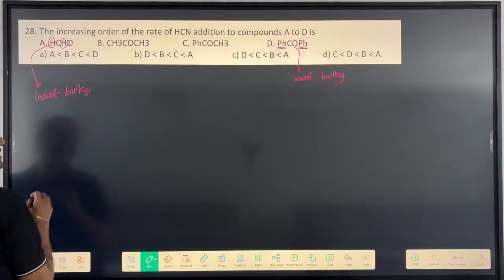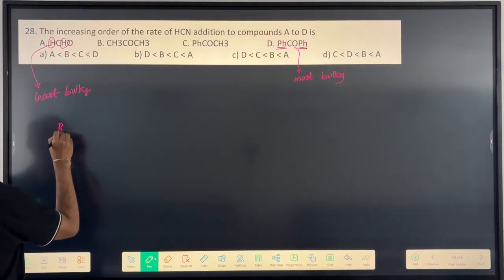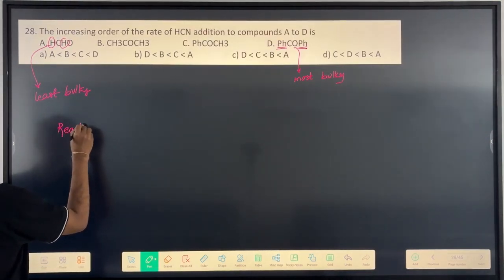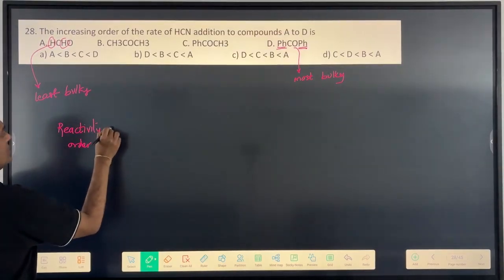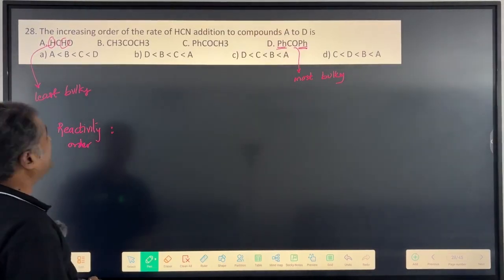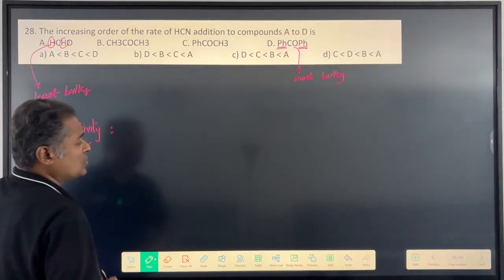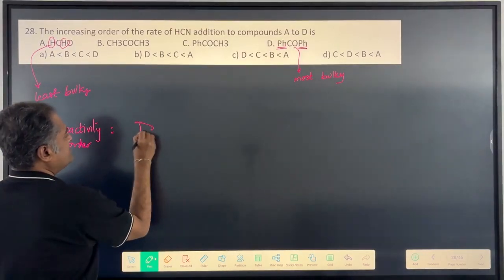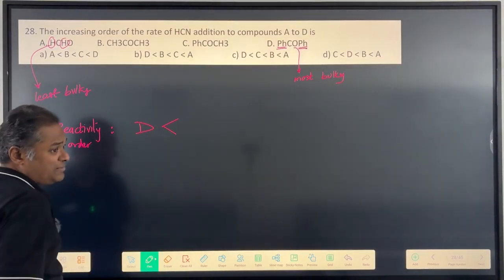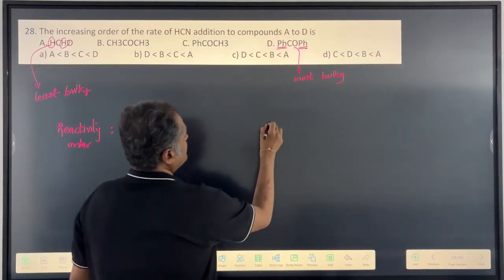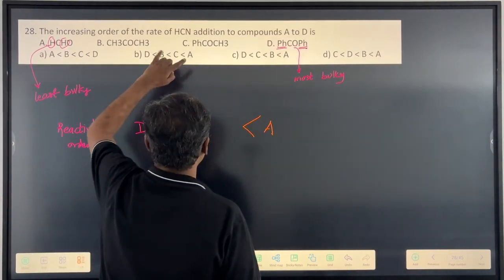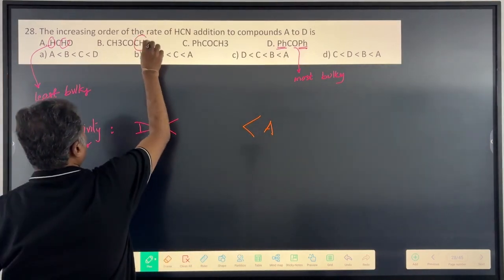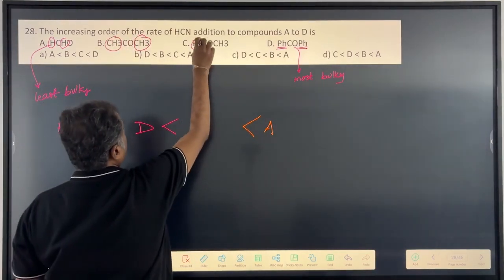So, one thing is very clear when you talk about reactivity order, and that is also in increasing order, means low to high. So, the least reactive in that case will be D. Now, who will be more reactive? I think the most reactive is A. Now, out of the remaining two, B and C, over here there are two methyl groups. Here you have got one methyl and one phenyl.